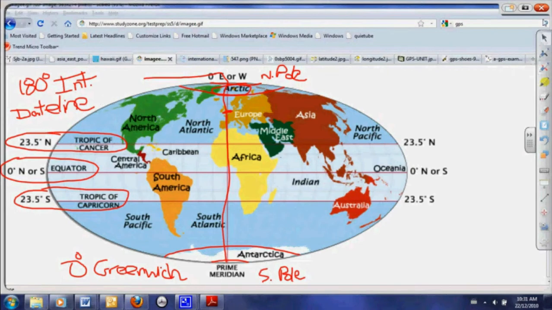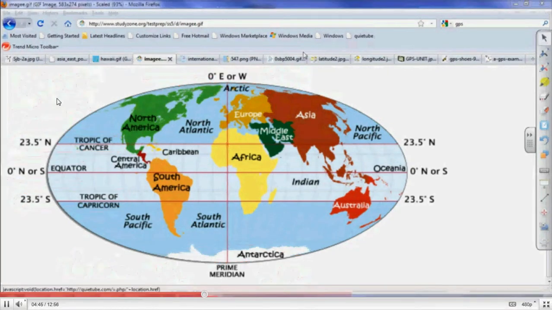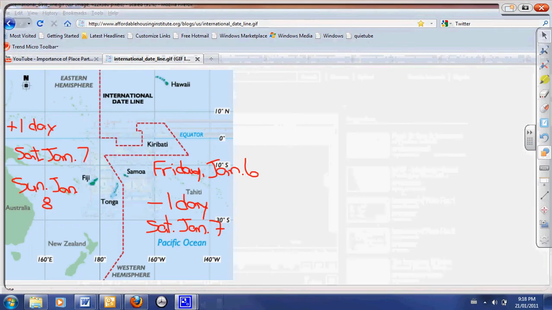Okay, then let's do that right now, actually. So, how would you have your birthday 2 days in a row? Well, taking a look at this diagram here, I've written some information, so I'll get my highlighter here and then I'll explain it. So first of all, this line here, the dotted red line, is the international date line, and you'll notice that it does not follow the 180-degree meridian entirely.